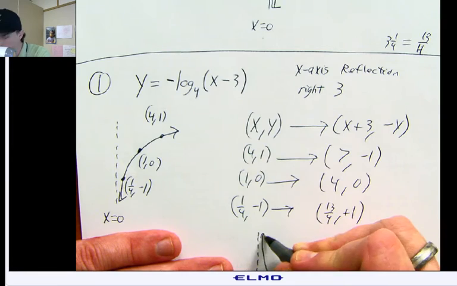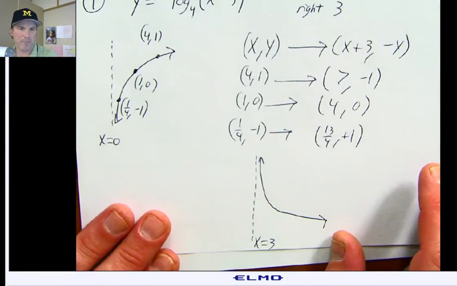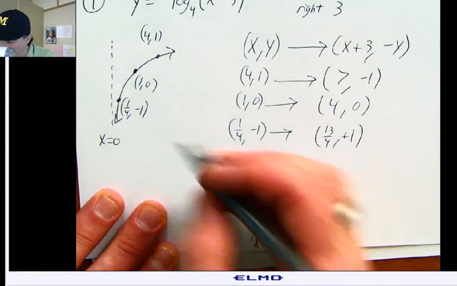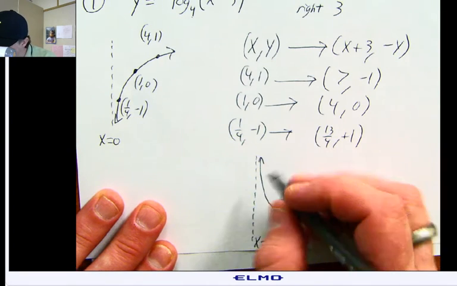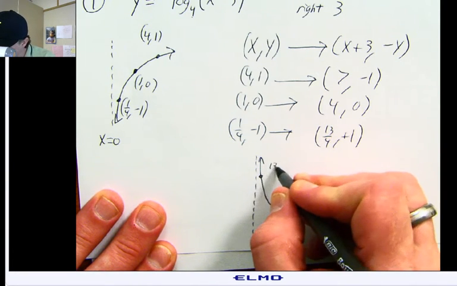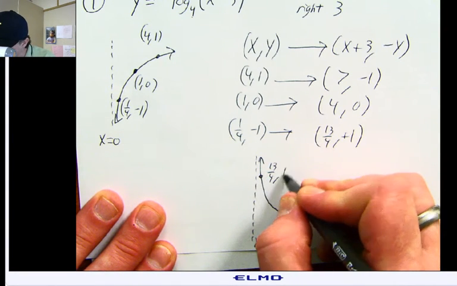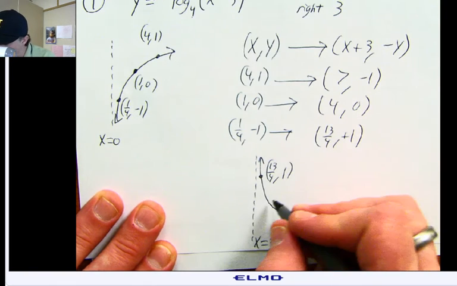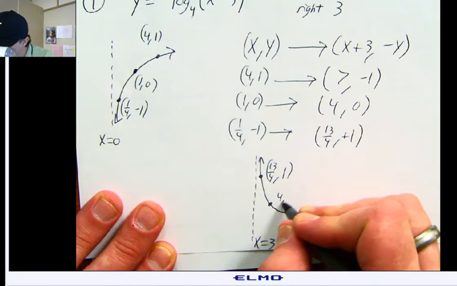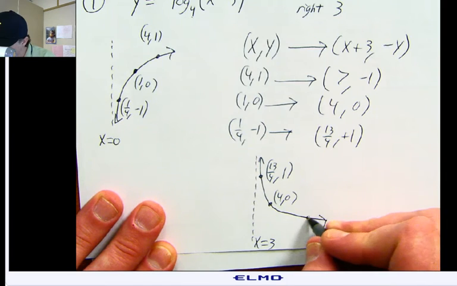It looks a little bit like a decay, but not really. And then the point closest to the asymptote is that fractional one. So (13/4, 1), (4, 0), and (7, -1).